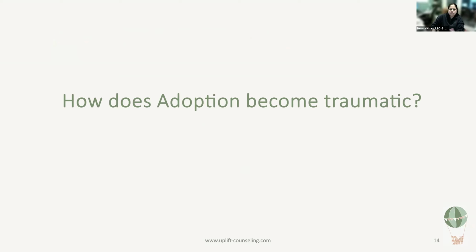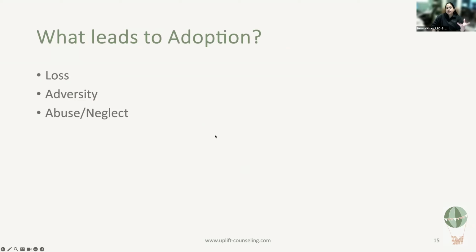So when we think about adoption and the experience, at what point does this become traumatic? Because we have to first understand what leads to adoption. Some sort of loss, some sort of adversity, some sort of abuse or neglect, where we're trying to find safety for the child. Or there's adversity where the child is unable to stay with the birth family and needs a new home or a new set of caregivers.